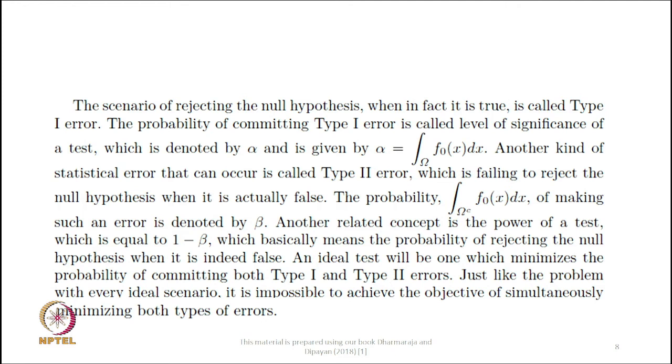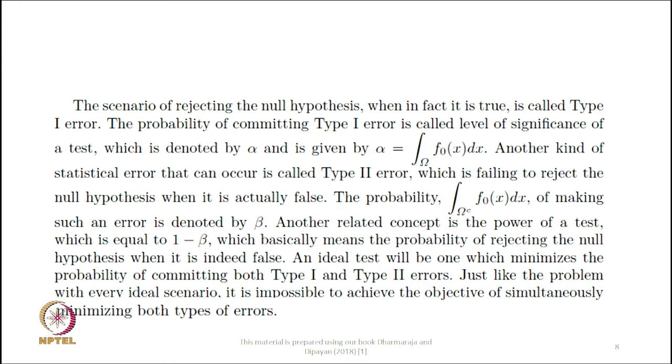So, the question is how we can fix this. It is impossible to simultaneously minimize both types of errors. That is the important observation from the 4 scenarios. Out of 4 scenarios, 2 are errors, and we label them as type 1 error and type 2 error, and it is impossible to minimize both.